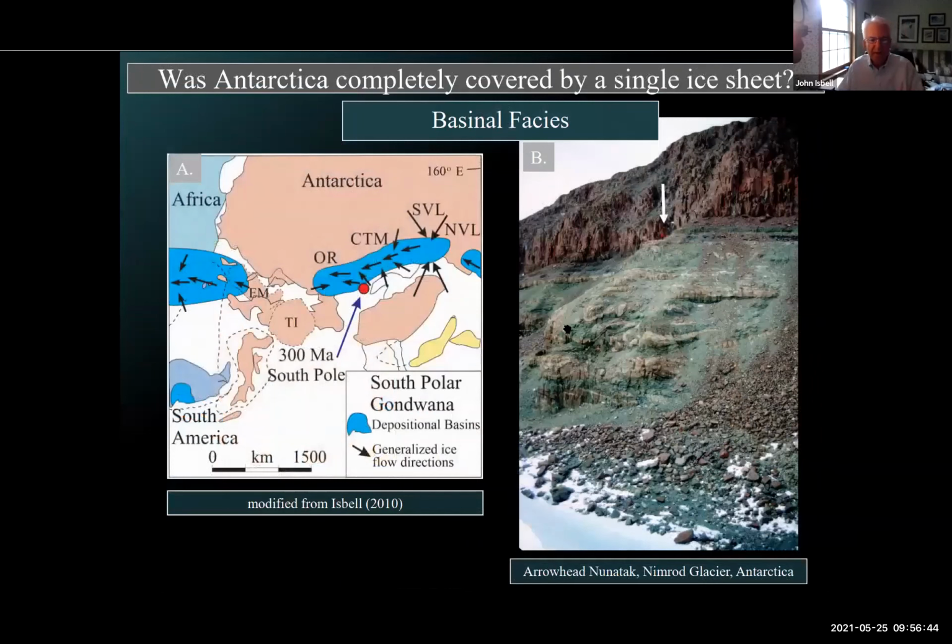When we look at the center of the basin, the situation changes. Subglacial and ice contact deposits are minimal, and what we find are thick shales with loamstones, suggesting ice rafting by icebergs.